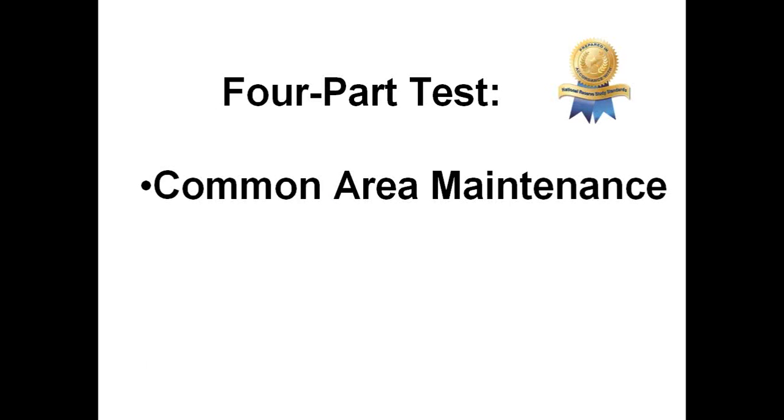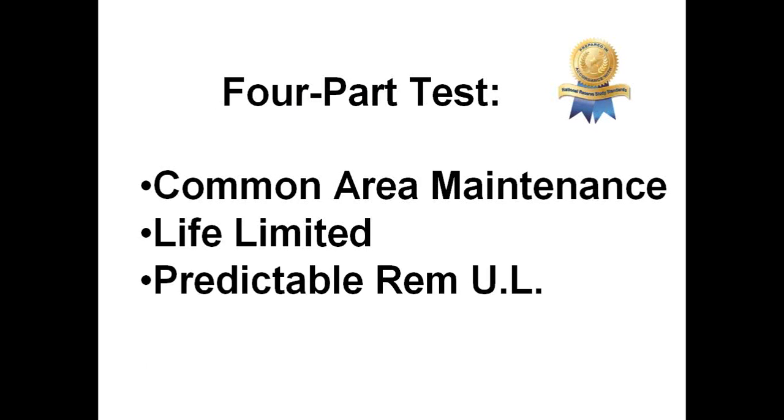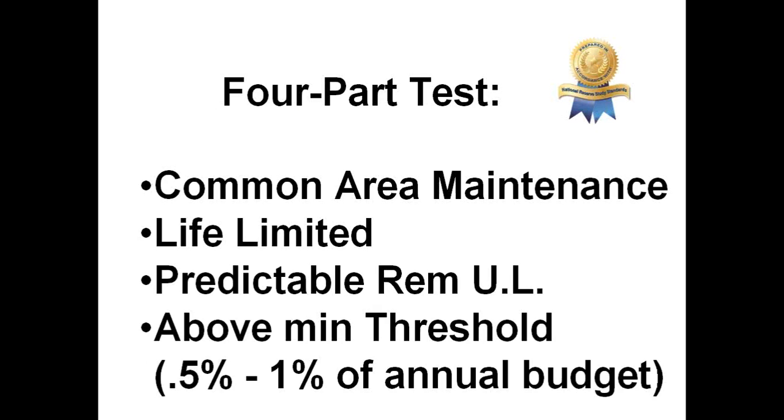Those standards have a 4-part test to determine if a component is appropriate for funding through reserves. So that test is that a component needs to be a common area maintenance responsibility, it needs to be life limited, needs to have a predictable remaining useful life, you need to be able to put a number on it, and it needs to be above a minimum threshold cost of significance.